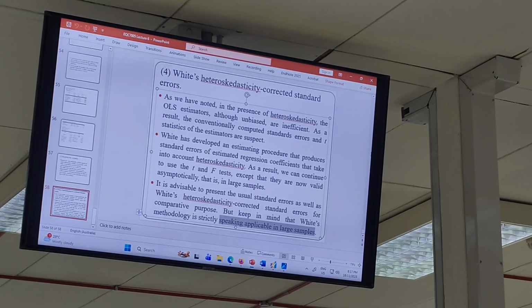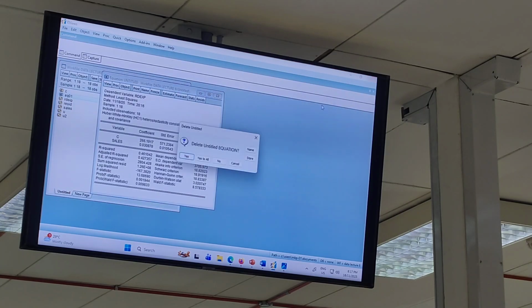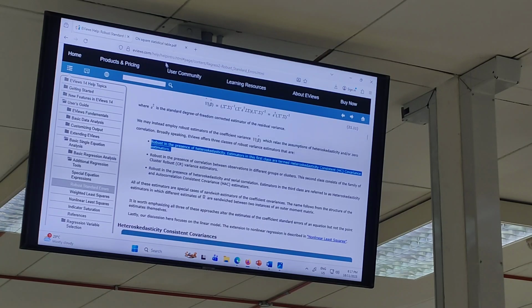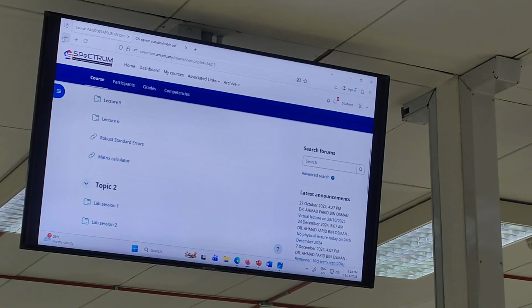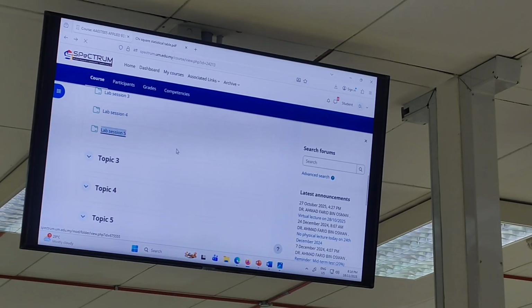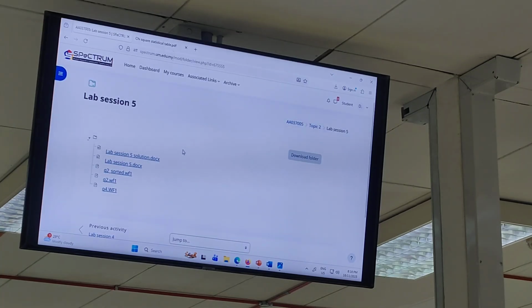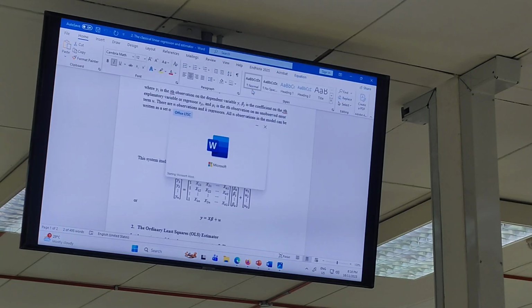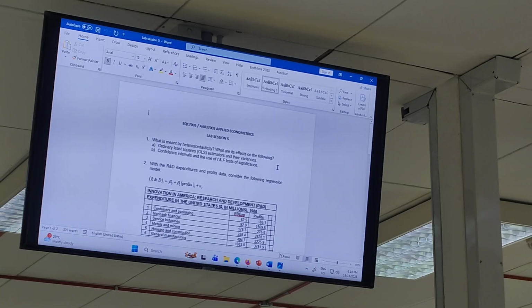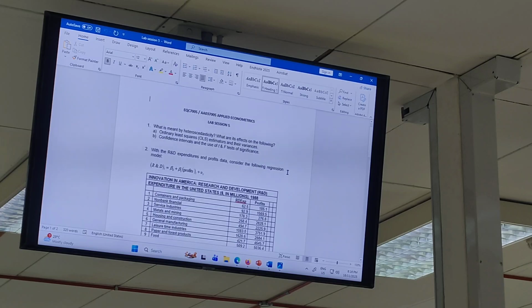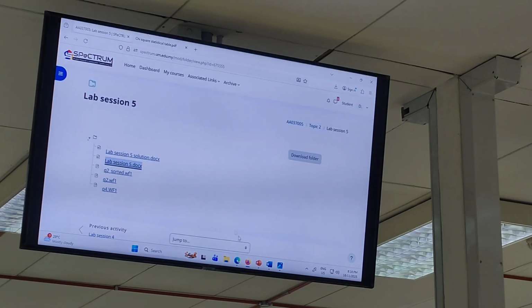Okay, let's quickly do lab session 6. Question number 1 is quite similar, number 2 is similar data, but we will quickly do the example given in the notes.